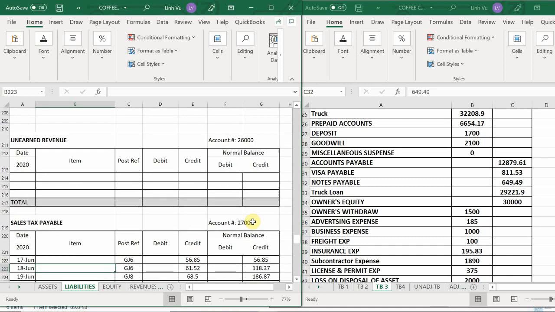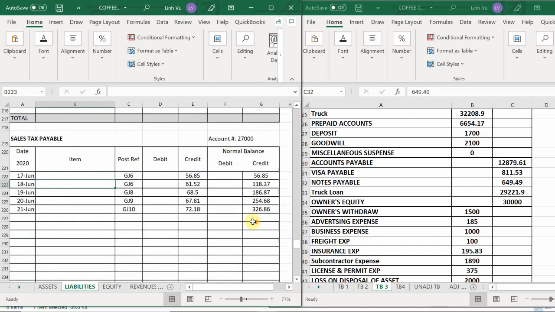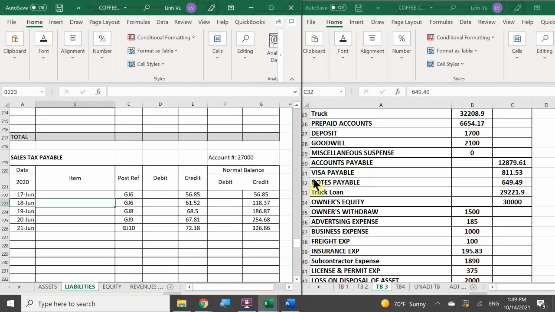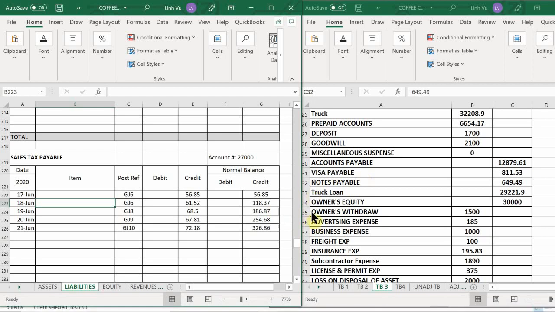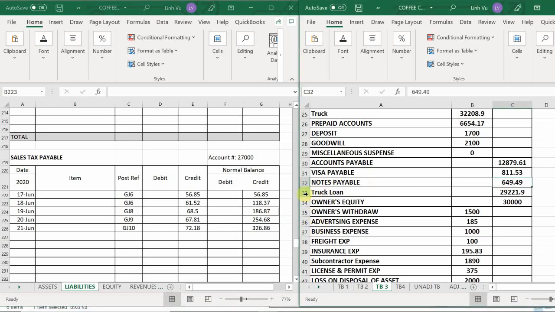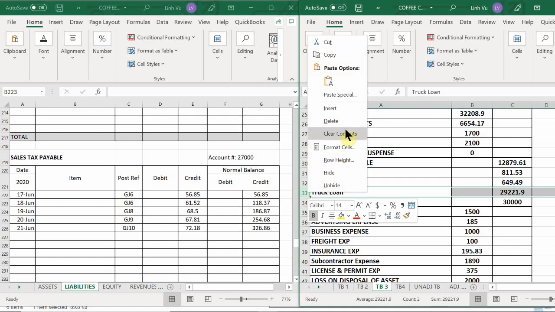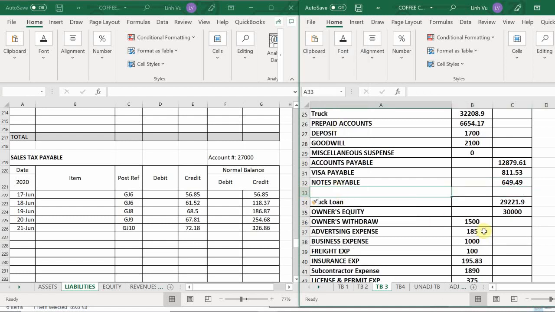What about my sales tax payable? There we change. Yes, definitely we have sales tax payable. So insert here. Tax payable 326.86.